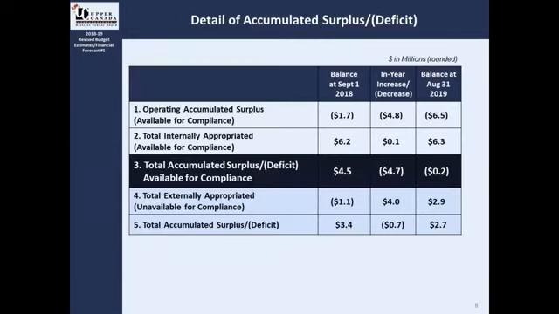This slide provides a snapshot of the board's accumulated surplus based on the revised budget submission that we provided to the ministry in December. Line 1 is our operating accumulated surplus. This represents the availability of funds, if any, that are not committed for an intended purpose and can be used to address any in-year deficit.